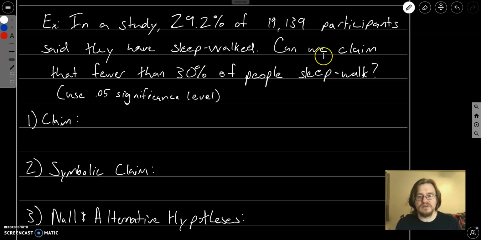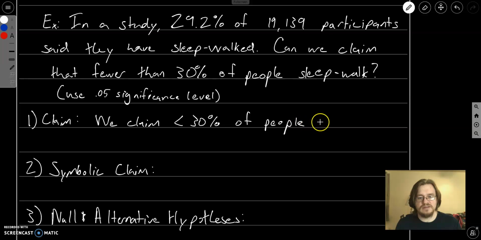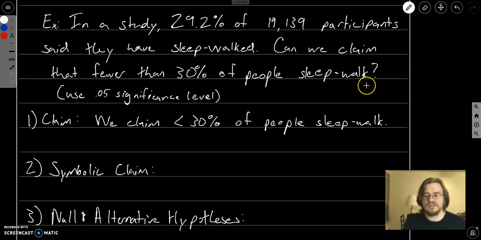So our claim: we claim that less than 30% of people sleepwalk. Okay, so it's basically as simple as stating what they ask us in the question, but we also want to make this into a symbolic claim.